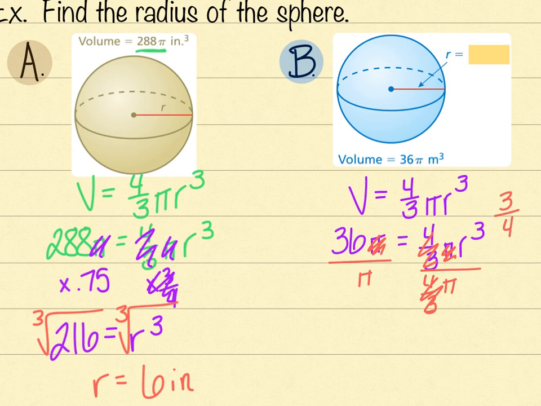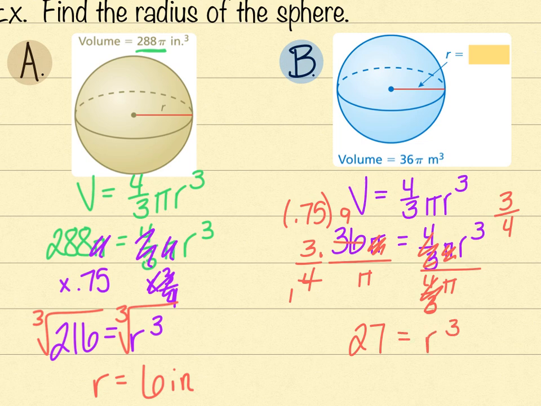Now, actually, multiplying by 3/4 works out kind of nicely on this number, because the 4 and the 36 would cancel, and you'd get 3 times 9, which is 27. But if you do 36 times 0.75, instead of multiplying by 3/4, you'll still get that 27. So 27 equals r cubed.